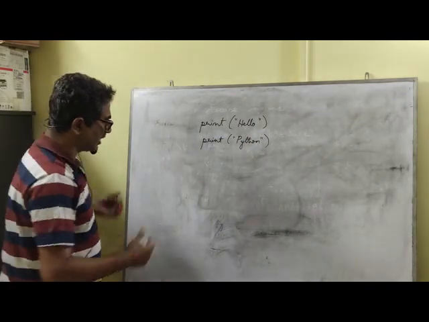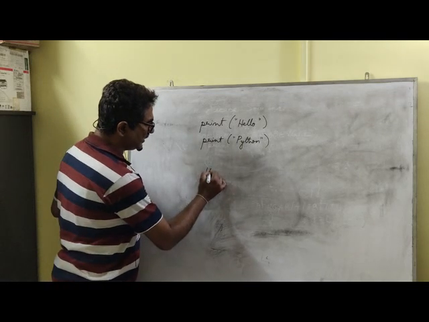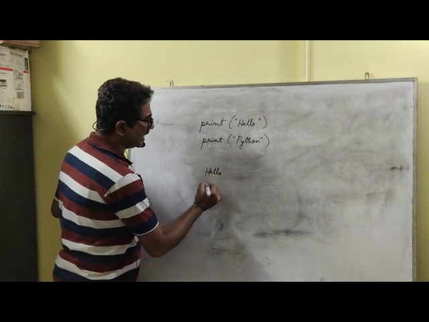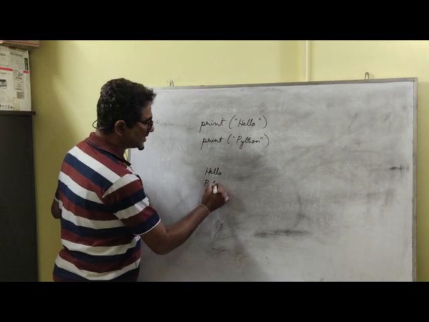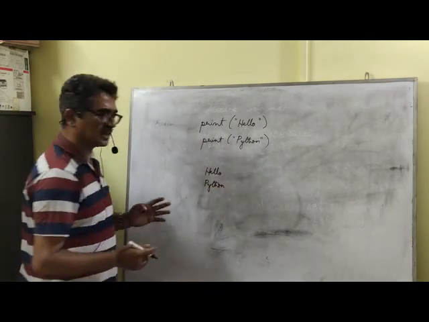Now when you run this program, what is it going to show? The output will be hello and then followed by Python. This is what it is going to show. Quite obvious and nothing much.